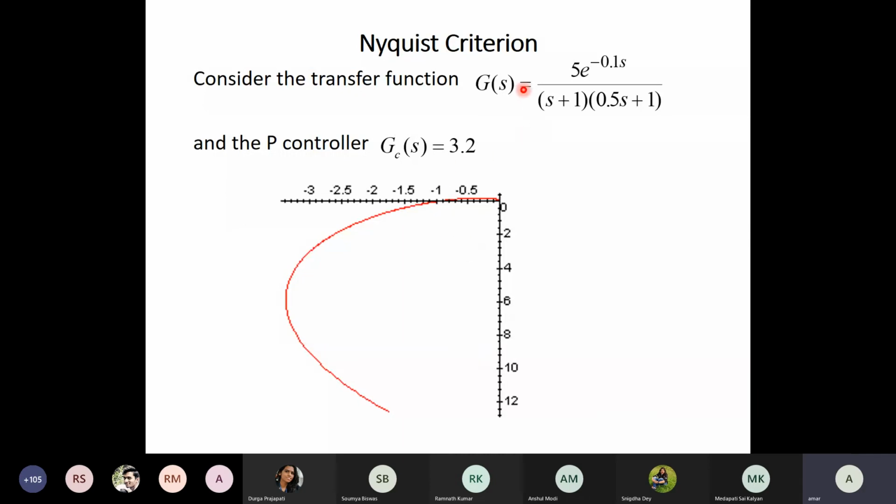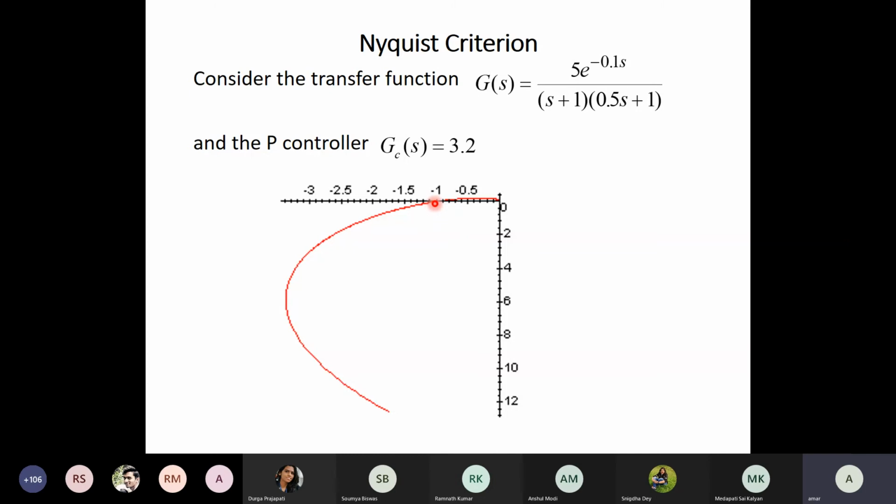Like here, for this transfer function, if I use a proportional controller GC equal to 3.2, then this Nyquist plot lies on the minus 1, 0 point. The Nyquist plot starts from somewhere here, comes like this, and touches the point over here.